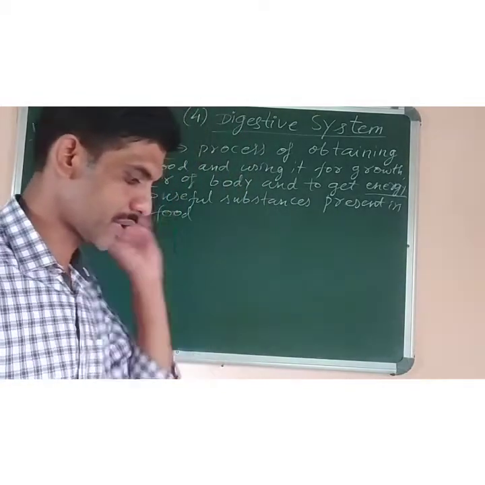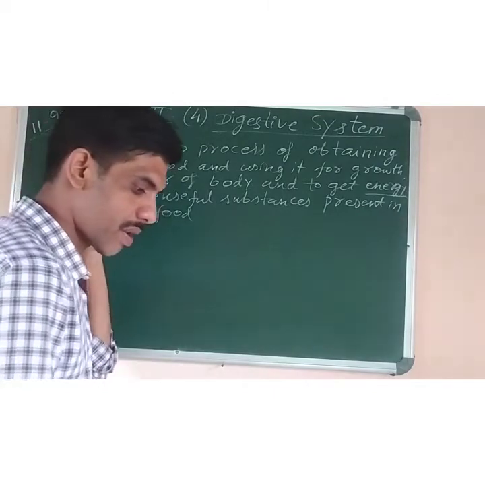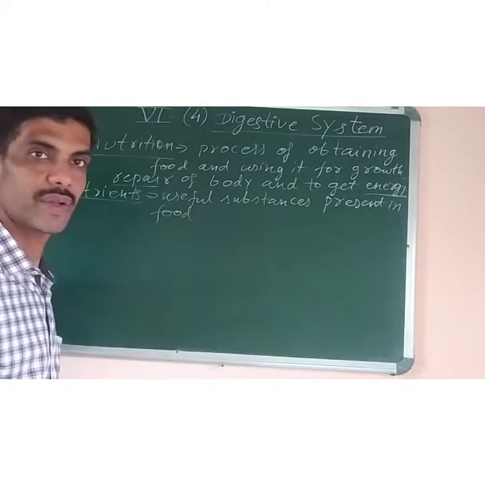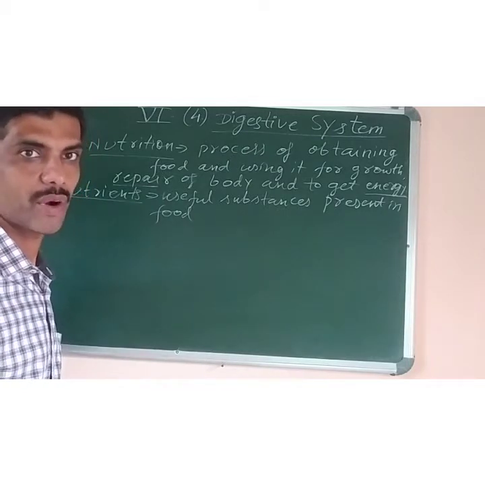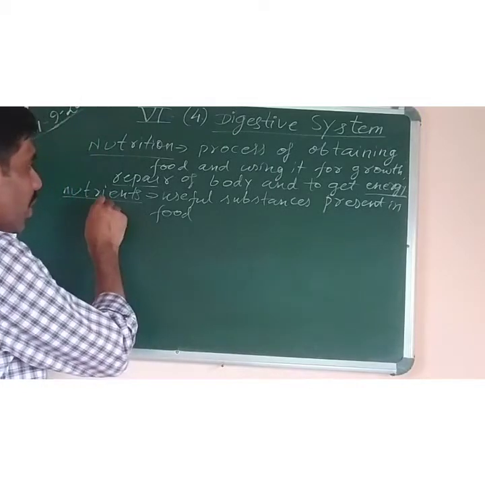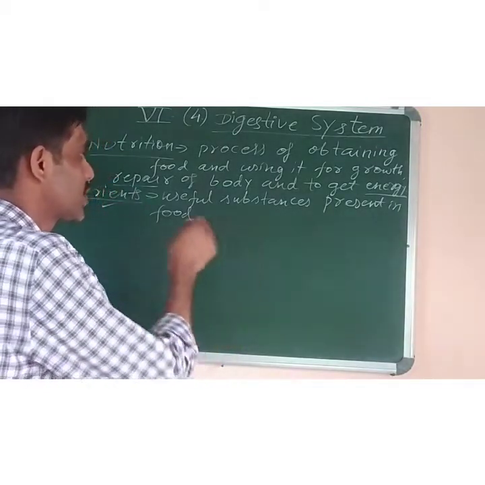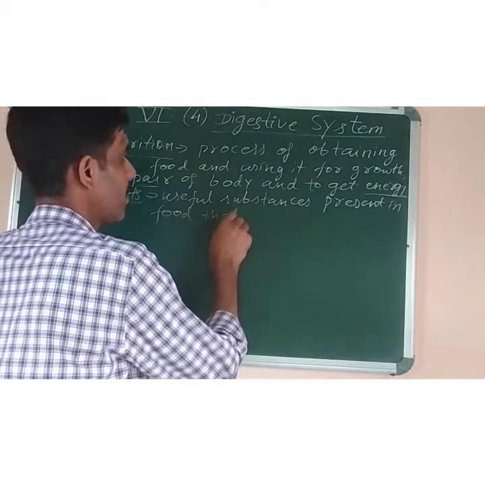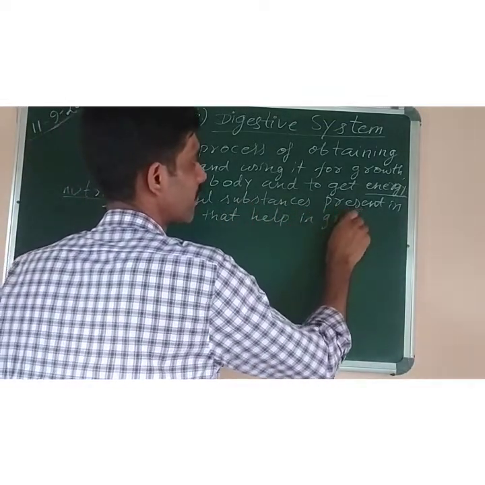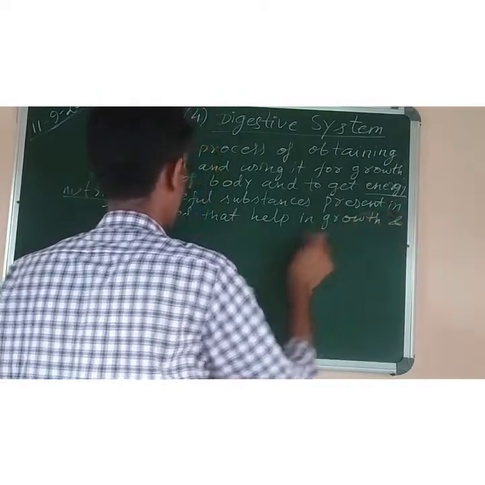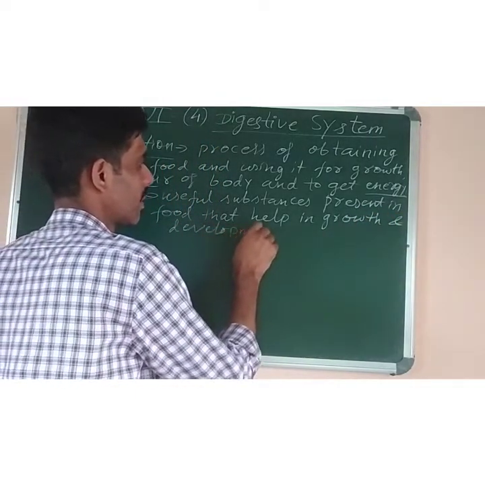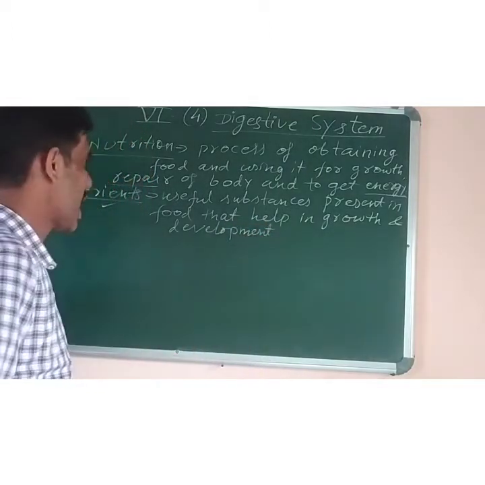Essential substances for growth and development, which nourish our body, are called nutrients. So useful substances present in the food that nourish our body and help in the growth and development of the body are called nutrients.